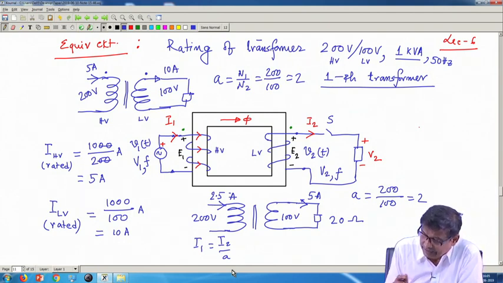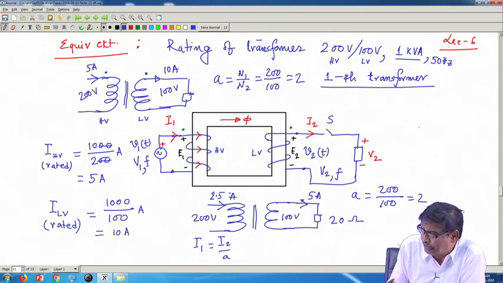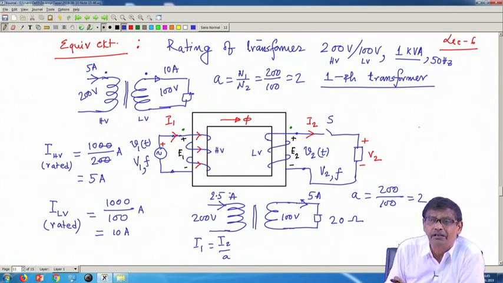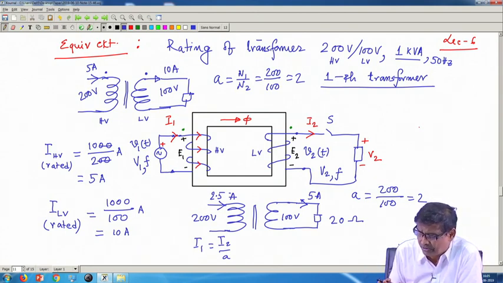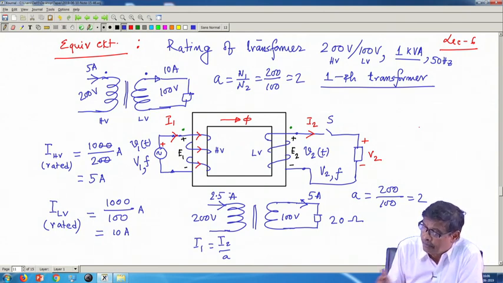thing. Another interesting thing comes out that this ratio of current, whatever impedance you have connected, only you have to see that the secondary impedance you have connected does not make the current in the LV side greater than the rated current. That is only should be your concern. But the moment this current is known, this current is fixed. What will be the equivalent circuit of the transformer?